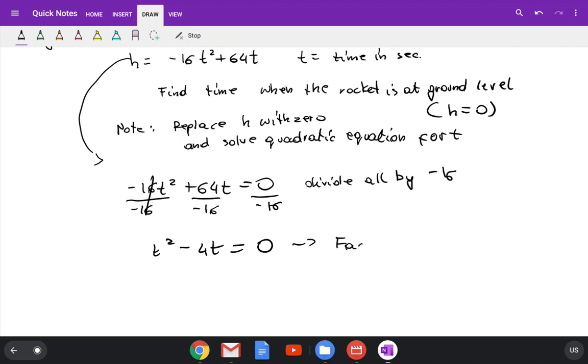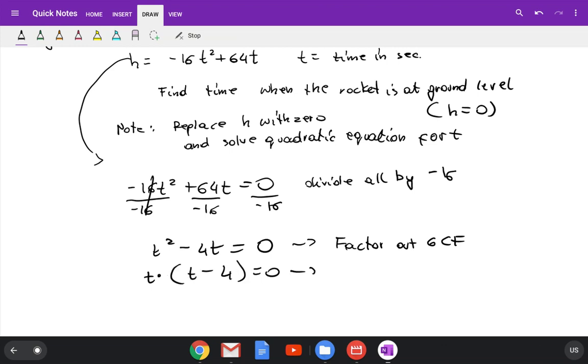Next, to solve this one, factor. Again, why am I not solving with the AC method? Because there's no c, no real number standing by itself. So factor out the GCF. The GCF will be t, so that will give you t times t minus 4 equals 0.